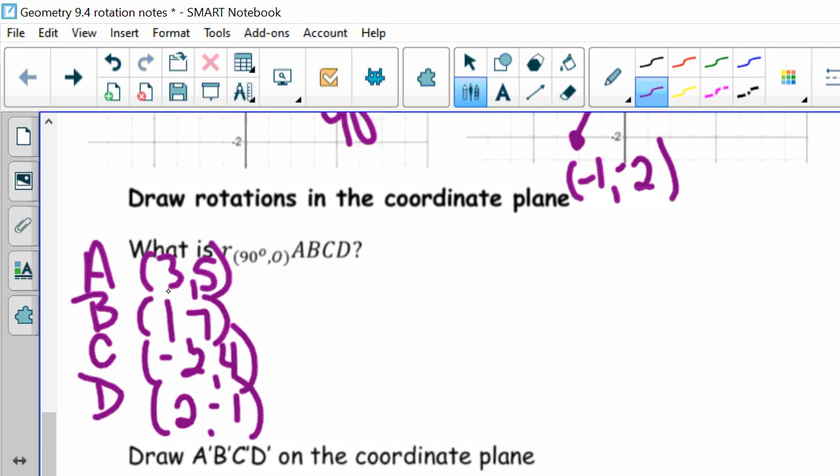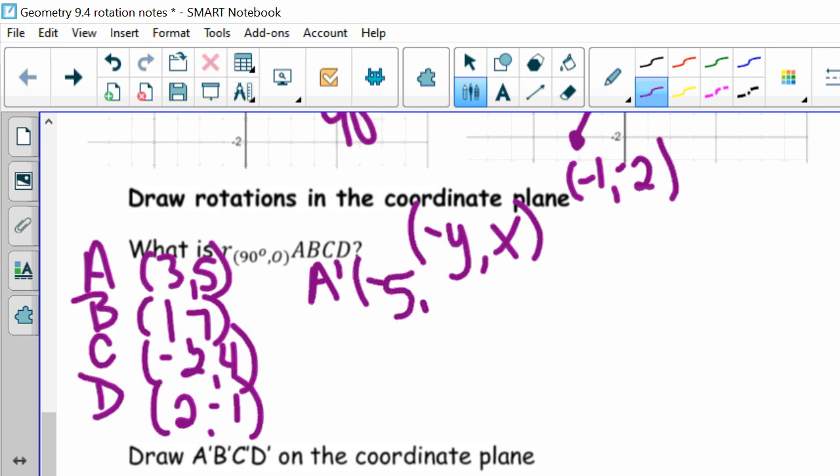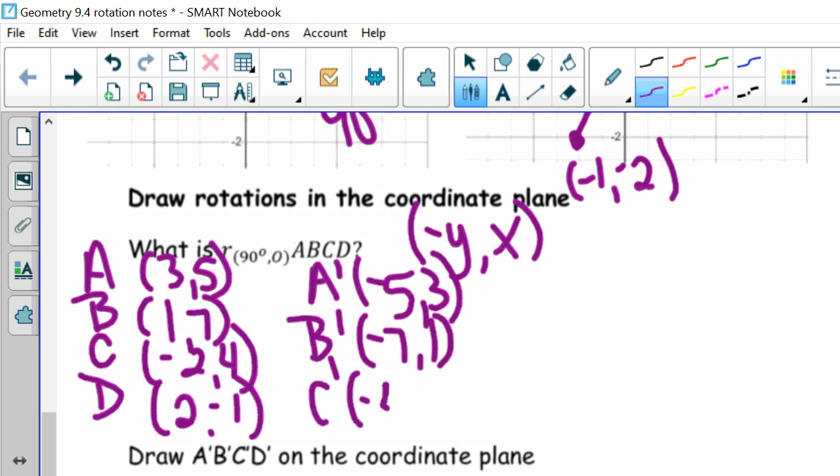They want a rotation of 90 degrees, so that means I'm going to do negative y comma x. And again, these are just rules that we are going to memorize. So A prime becomes negative 5 comma 3. B prime becomes negative 7, 1. C prime becomes negative 4, negative 2, and D prime becomes 1, 2.